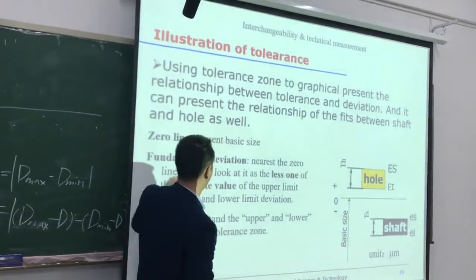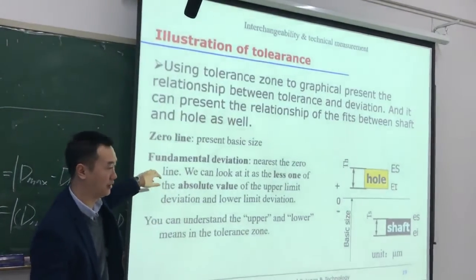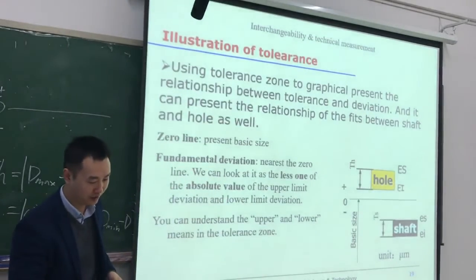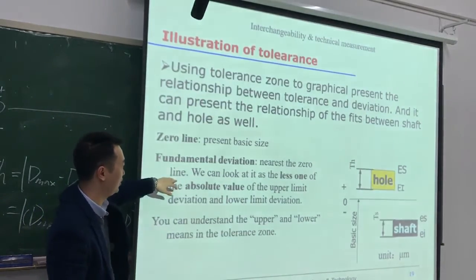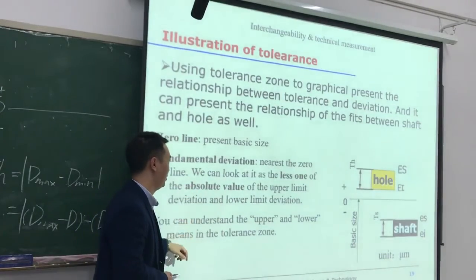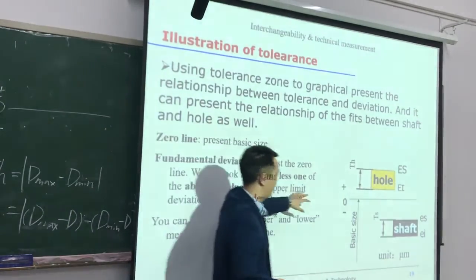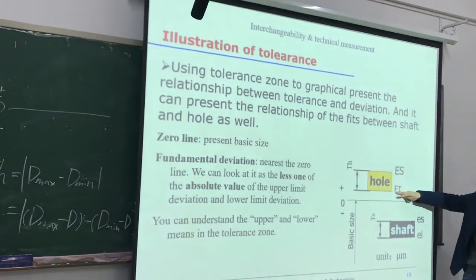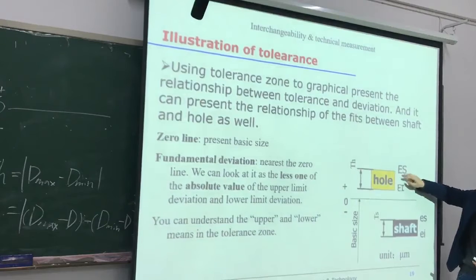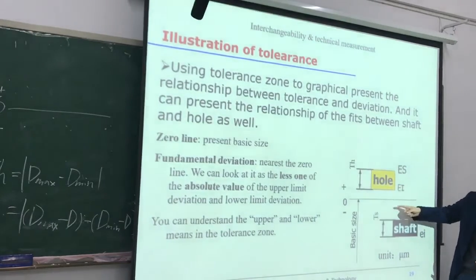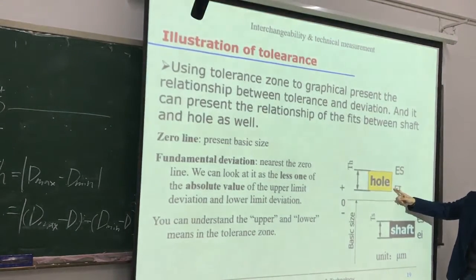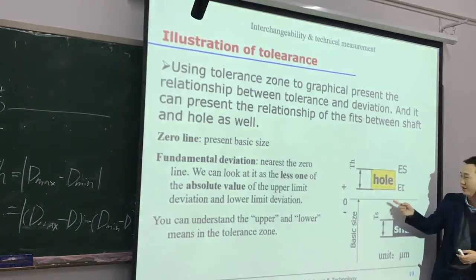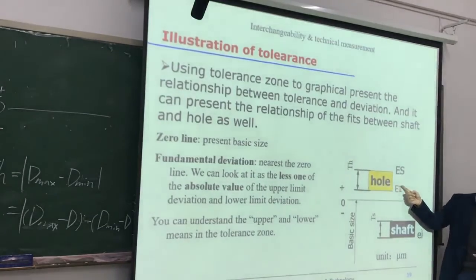So here we introduce another term about the deviation. It's called the fundamental deviation. Fundamental deviation is the deviation nearer to the zero line. For example, for this hole, we know its upper deviation and its lower deviation. Which deviation is closer to the zero line? It's the lower deviation, right? So for this hole, the fundamental deviation is the capital EI.